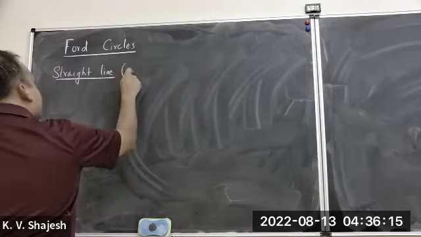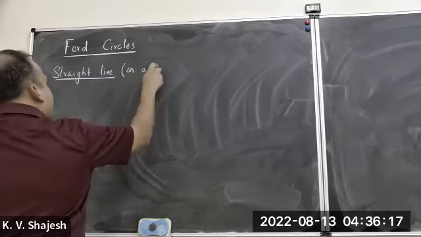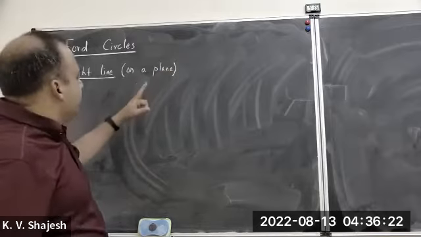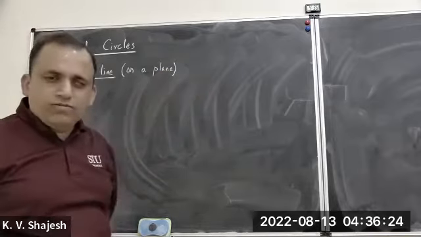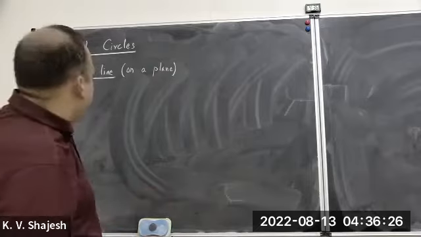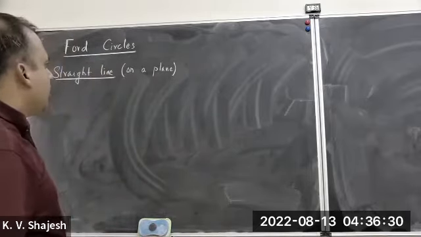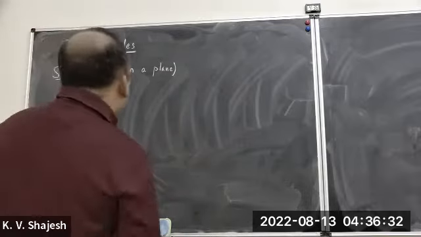Everything here today will be on a plane. I need to specify that because in general, a straight line can come out of the board also. But that's not what we're talking about. We're talking about lines on a plane. That means on this blackboard.